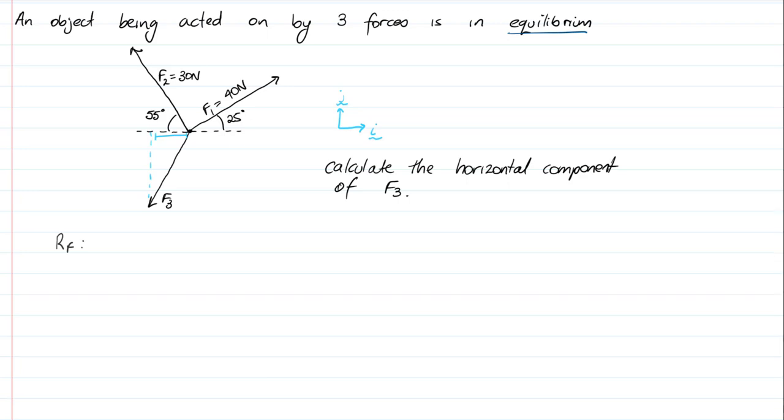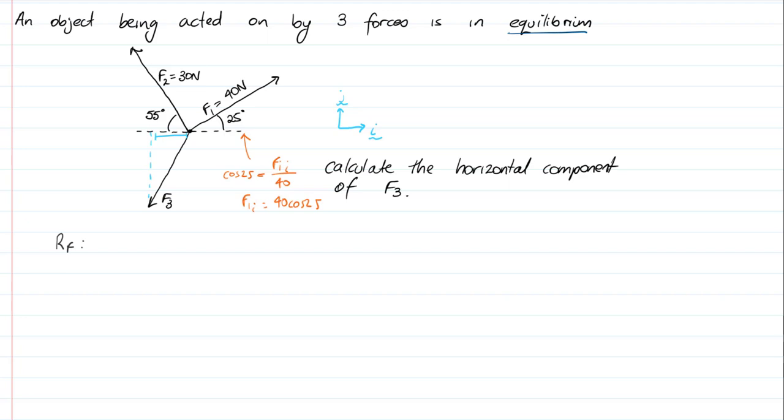We've got our I components, and keep in mind, and I'll do it as an example here, that the I component of this one is cos 25 equals the F1 I component over 40, which means that F1I is equal to 40 cos 25. So that's important to recognise here as we build it forward.